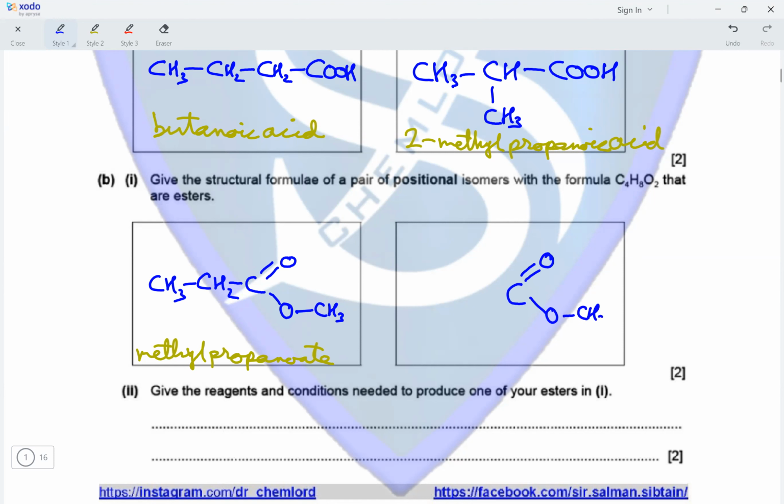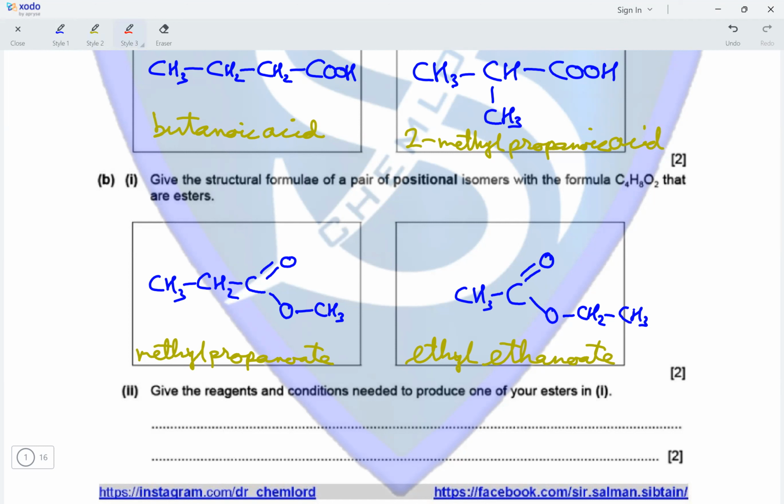We have a CH2 and a CH3 group added to the alcohol portion of the ester, which leaves us with a CH3 group added to the acidic portion. And the name of this ester is ethyl, and there are 2 carbon atoms on the carboxylic side, so ethanoate. And these two esters are positional isomers of one another.